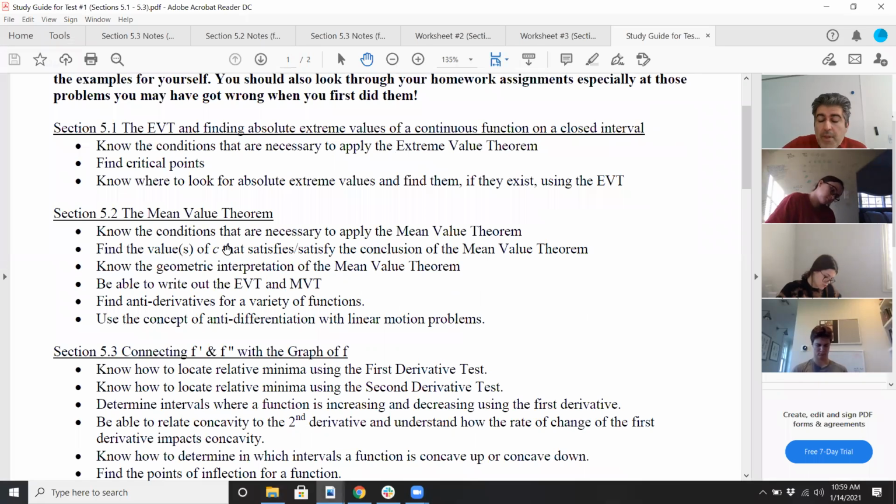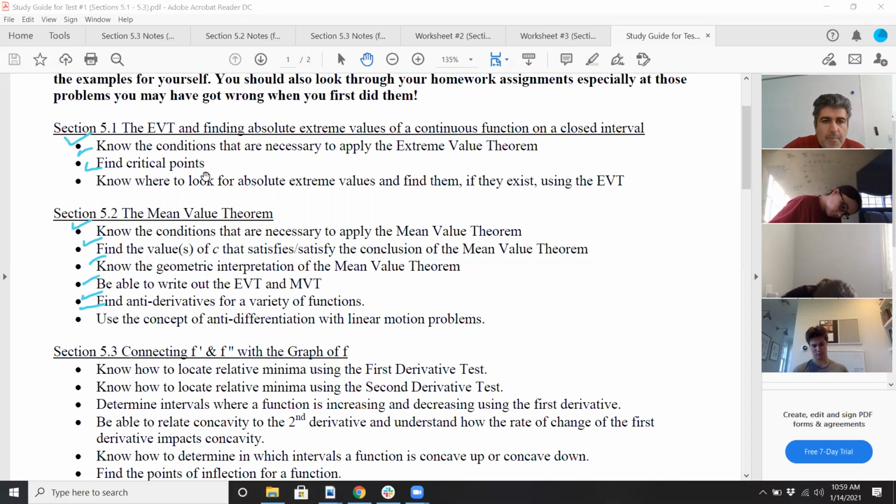Mean value theorem, we talked about: you have to be continuous on a closed interval and differentiable as well. We did a worksheet on that. Geometrically, it's when the slope of the secant and tangent are the same. You should be able to write those out. I know we didn't talk about antiderivatives in the homework, but we could save that for tomorrow. We did some stuff with linear motion with that in one of our lessons. We did do all these things here.